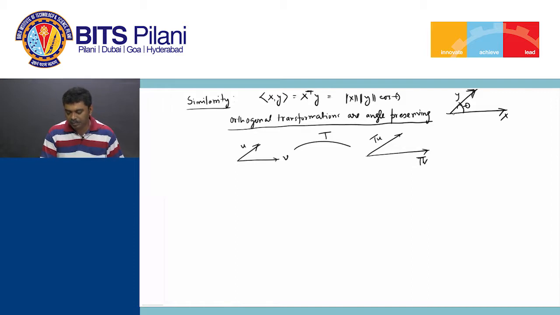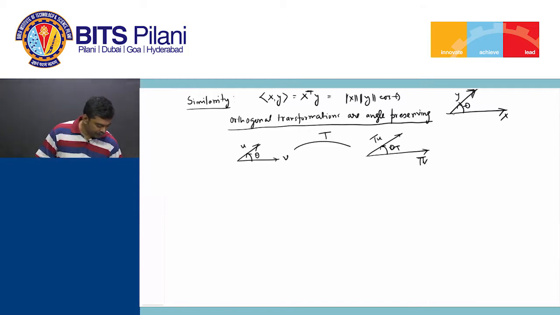If I'm saying that orthogonal transformations are angle preserving, what I'm saying is that the angle here, theta, and the angle between the transformed vectors, theta t, are going to be the same. This is what I'm claiming.